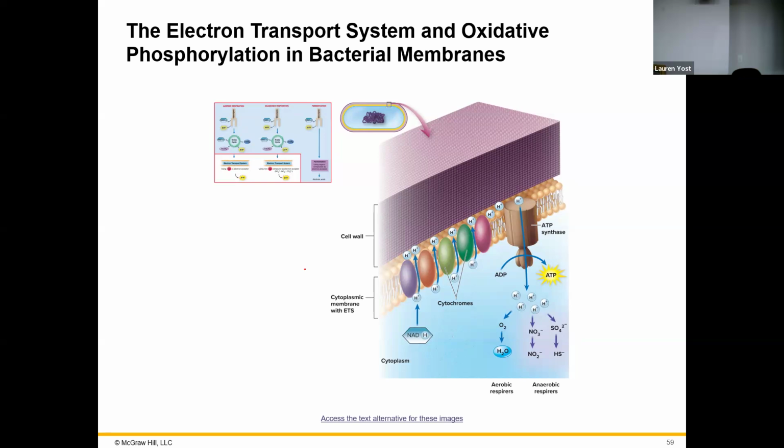When we learn about diffusion, things want to move from areas of high concentration to low concentration. That's just physics. So it wants to equal out on both sides. So what happens is protons come through this wonderful, shiny, happy little channel.